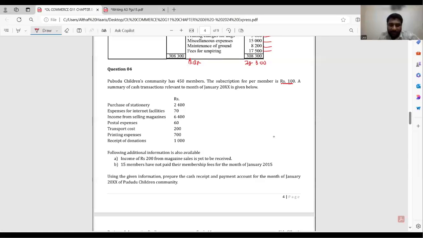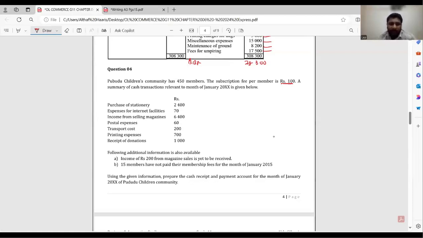Following additional information is also available. Income of 200 for the magazine sales is yet to be received. 15 members have not paid their membership fee for the month of January 2015. Using the information, prepare cash receipt and payment account for the month of January.